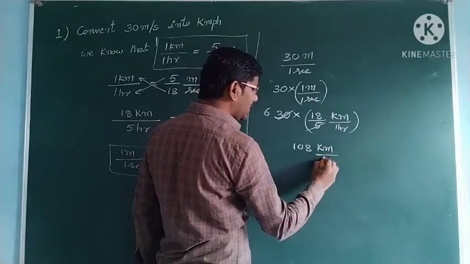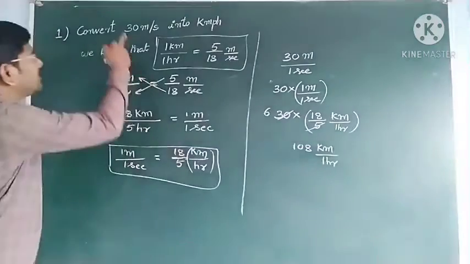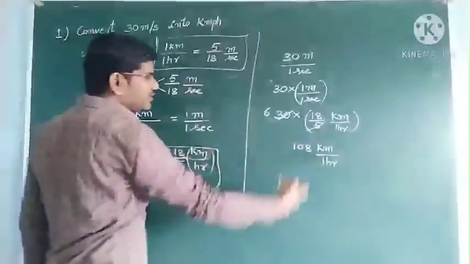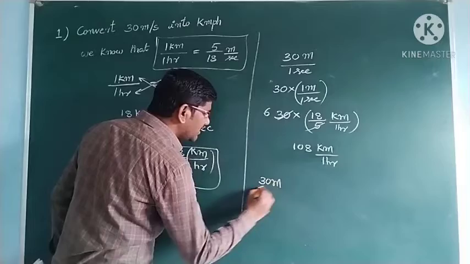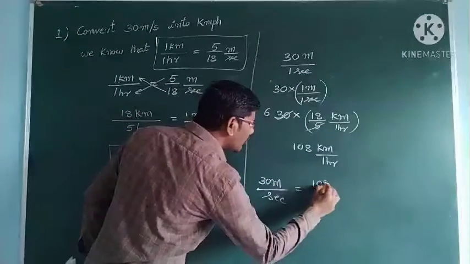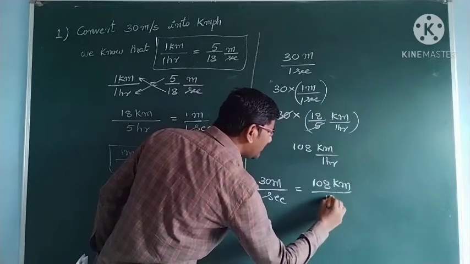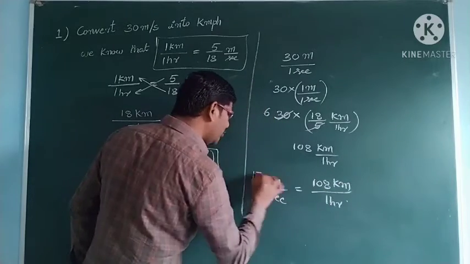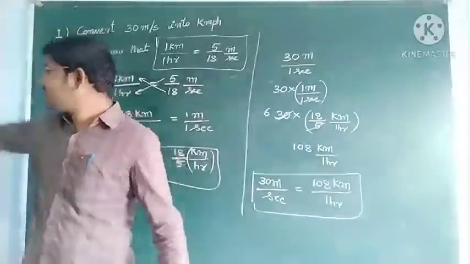Kilometer per hour you are getting. So this is the 30 meter per second into kilometer per hour we got. So that is 30 meters per second is equal to 108 kilometer per hour. Both are same. Okay, we can see one more model, students.